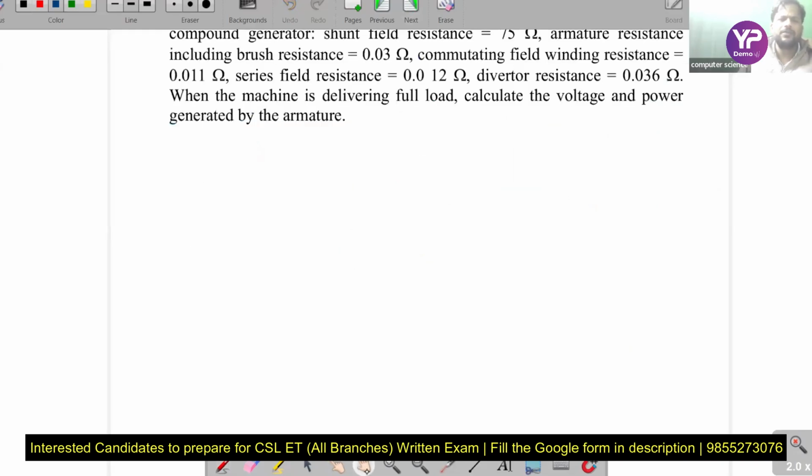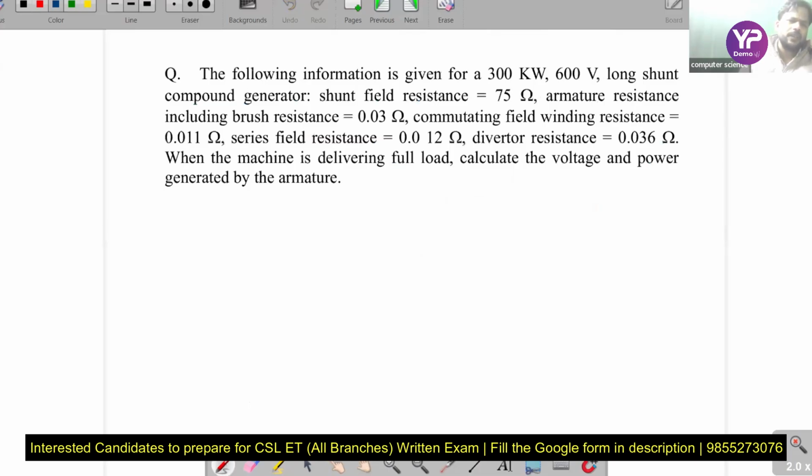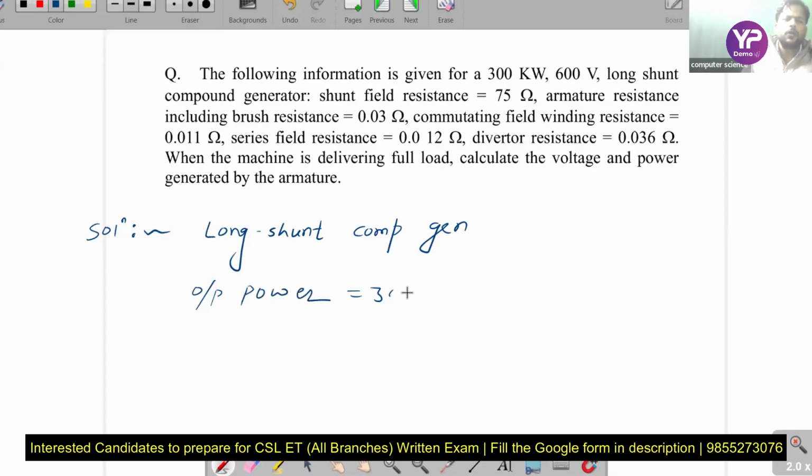Next, we solve the next question. The following information is given for a 300 kilowatt 600 volt long shunt compound generator. Question is, a long shunt compound generator having output power equal to 300 kilowatt.